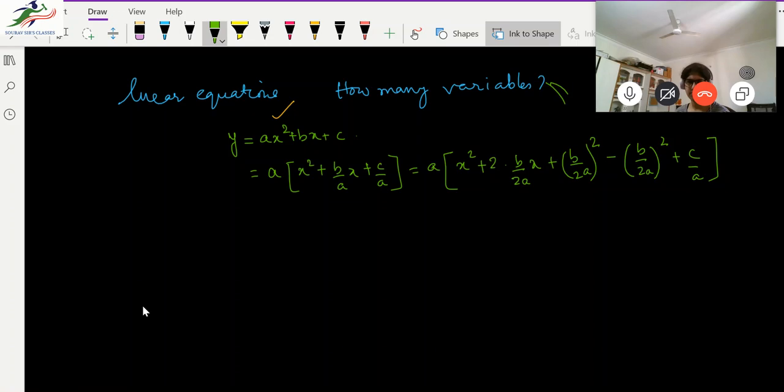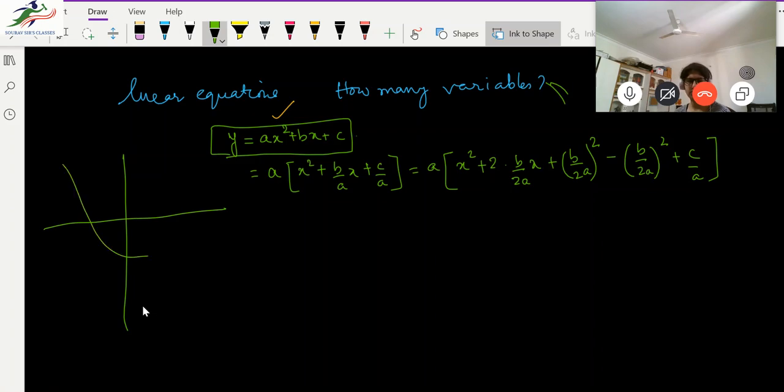See, I am trying to find out the logic of whether this equation will have real roots. Which means whether this graph will intersect the x-axis, or will it just touch the x-axis at some point, or will it be above the x-axis? These are the three possibilities.